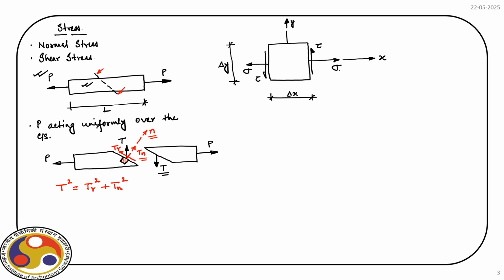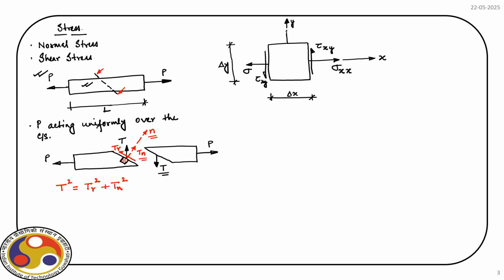So, we will use the subscript x to denote the plane over which it is acting, and on top of that it has a particular direction. In this case it is acting towards positive x. So, we will call it sigma xx. If I follow the same nomenclature, tau is acting over x, but it is along the direction of y. So, we call it tau xy.